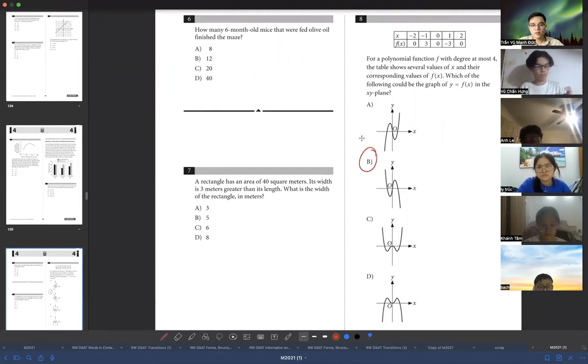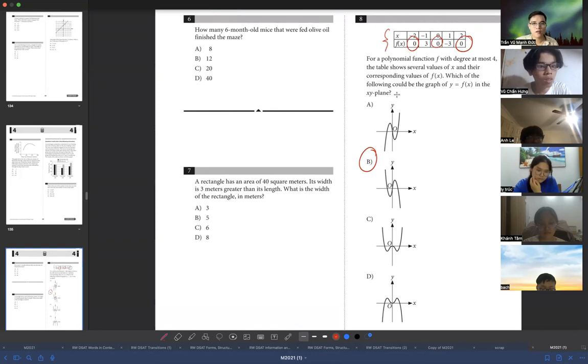All right. Firstly, I'm going to briefly remind you guys of this. We have 3 zero values here. This is what we call a table of values. So when they give us a table of values, we will first find the x-intercepts to see if it crosses the x-axis.